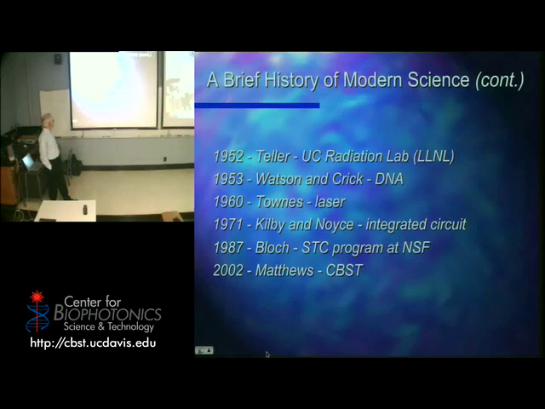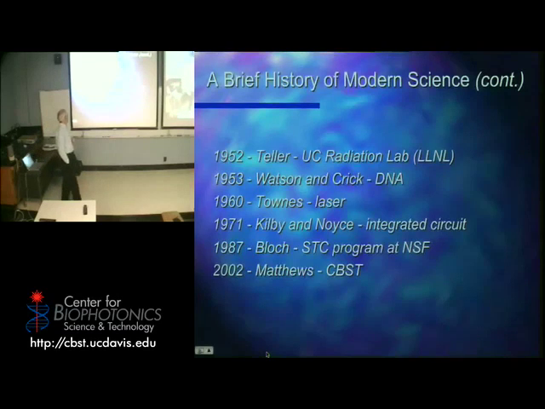So I put the date 1952 there because that was the year that he successfully talked the federal government and the University of California into opening a second weapons lab in Livermore, California.